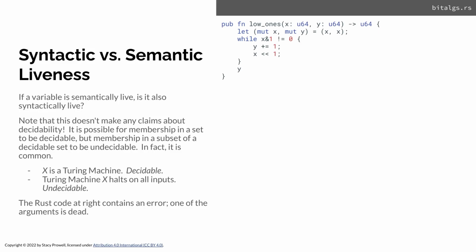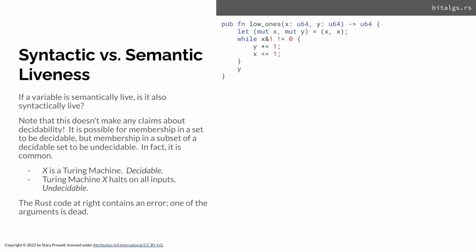Now, it's certainly the case that if I have a large set of things, and its membership is undecidable, right? The set of Turing machines that always halt, that membership is undecidable. It may be the case that a subset of that is decidable. And so, in this case, that's what we have.